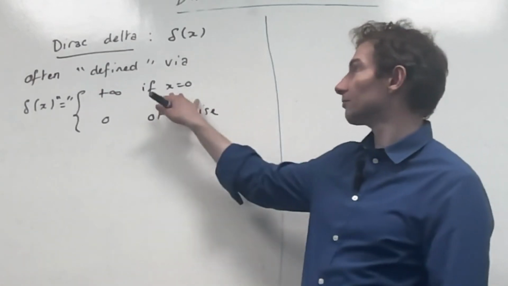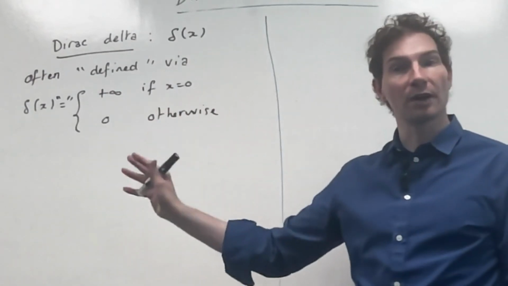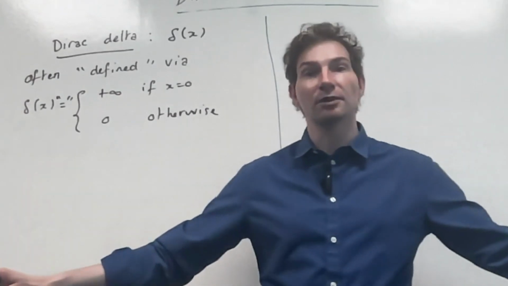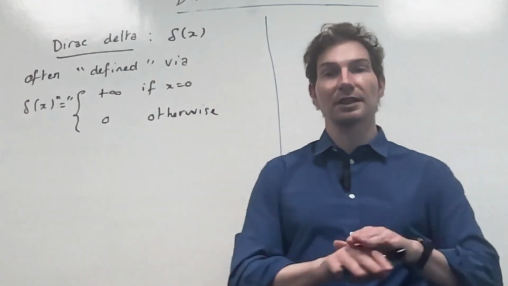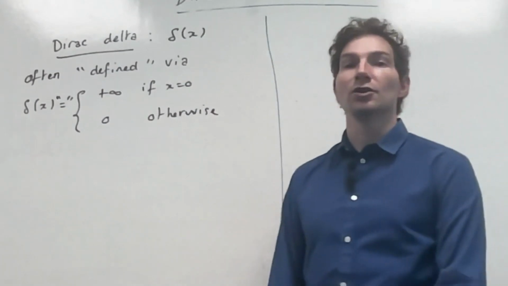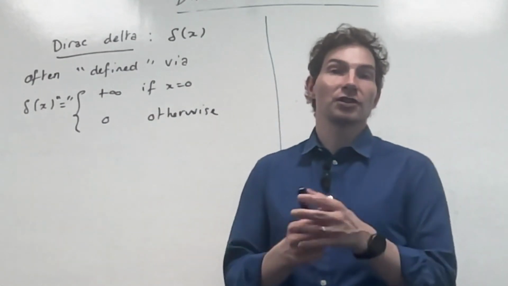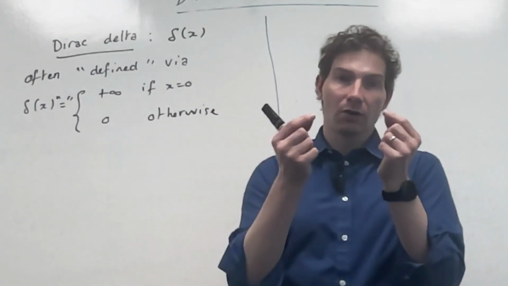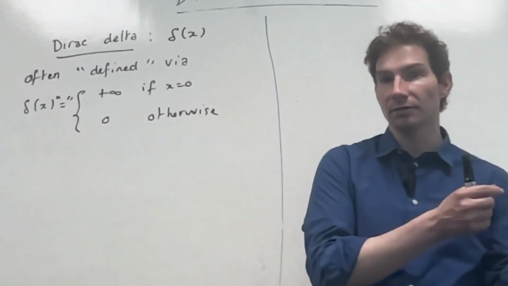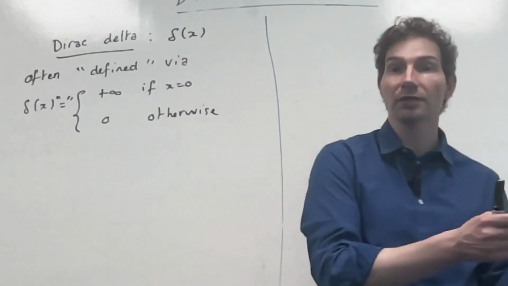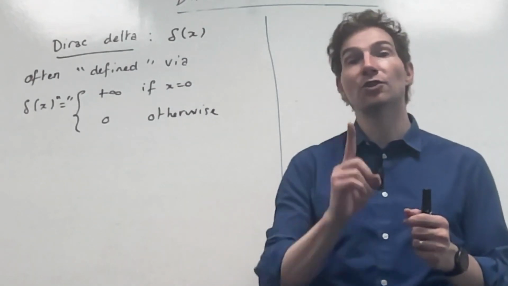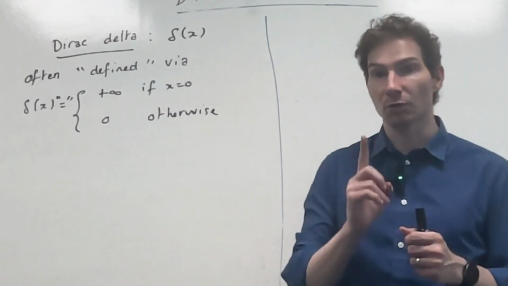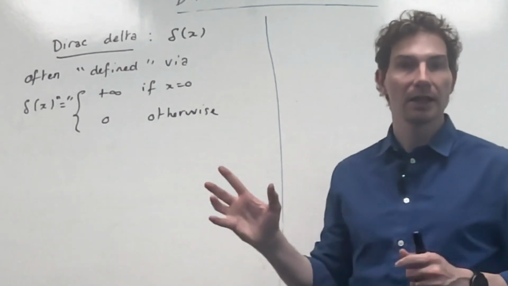Because if you forget about the x equals 0 part, it's just flat 0 everywhere. It's not even 1 or 2, it's 0. So essentially it's 0 and that's it. So the whole point, no pun intended, of the function is what's going on at x equals 0. That's the whole point of that object.